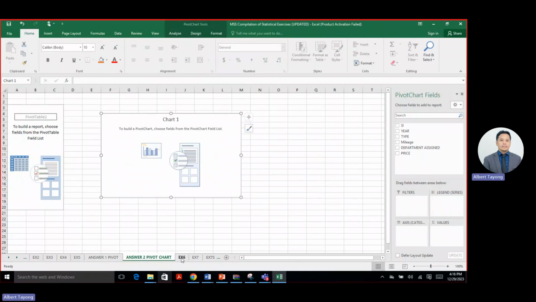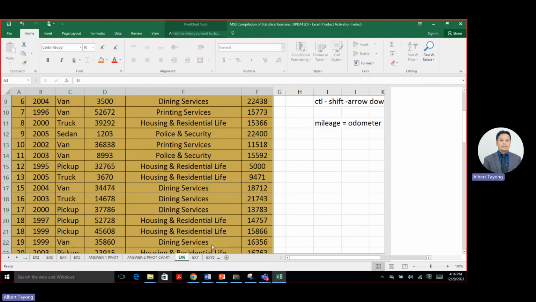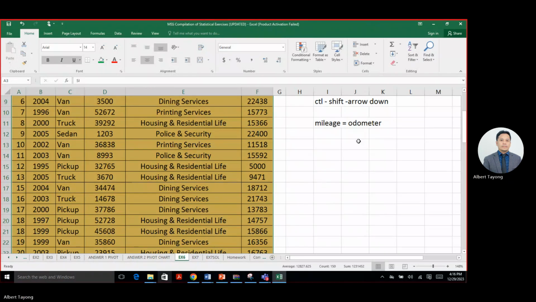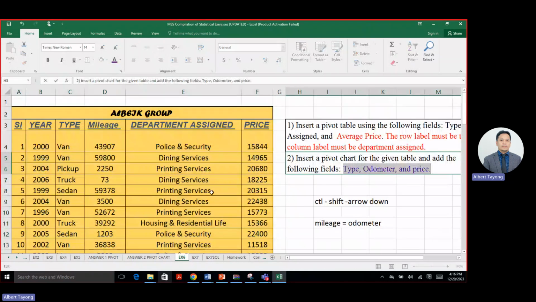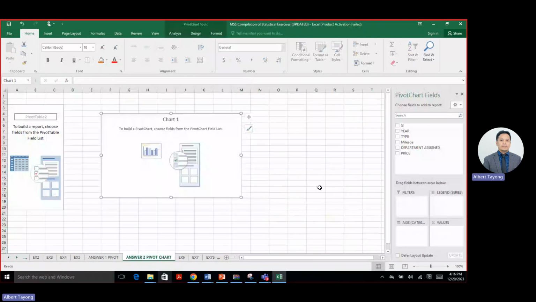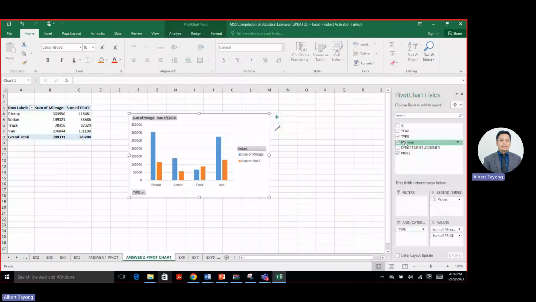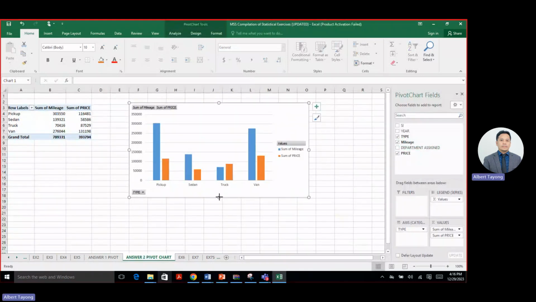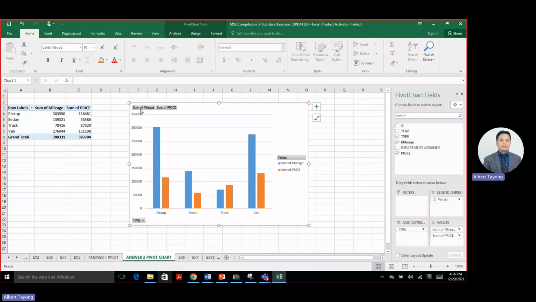Okay. Now, what do we need? We need the type, odometer, and the price. We go back there. So type, the mileage, and the price. Mileage, as I mentioned, is the odometer. By default, this is sum of mileage and sum of price, and you can change it to average if you want by just opening the drop-down arrow and value field settings.